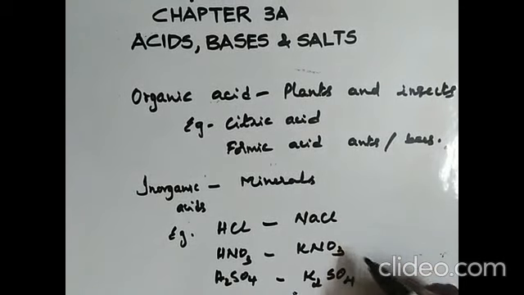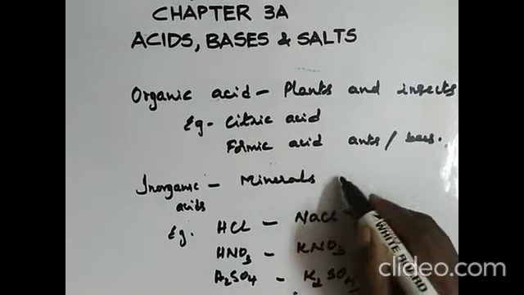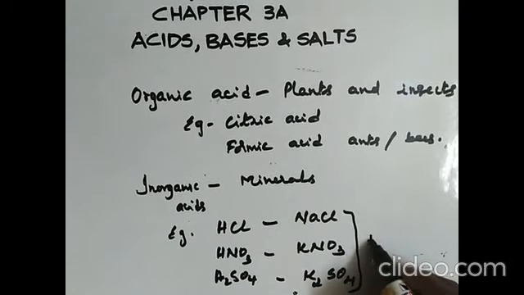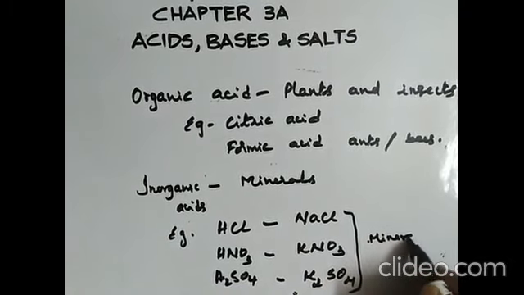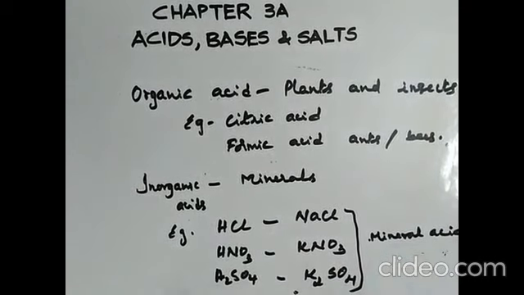Sodium chloride, potassium nitrate and potassium sulfate are minerals, and hence these are also called mineral acids. Inorganic acids are also called mineral acids. So now, based on the source, it is classified into organic and inorganic acid.